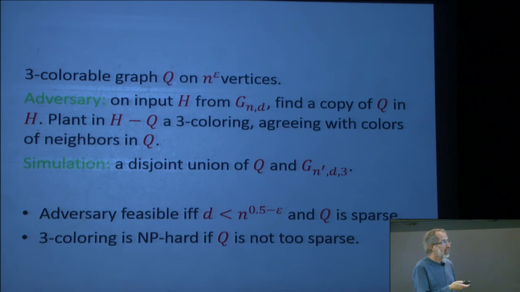What does the adversary do to produce something similar to the simulation? It gets an input H from G(n,d). In it, it has to find a copy of Q, if one exists.